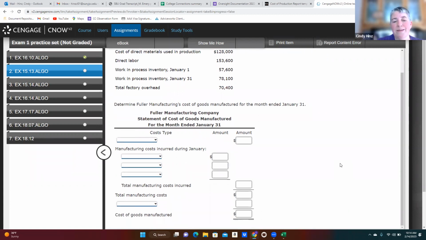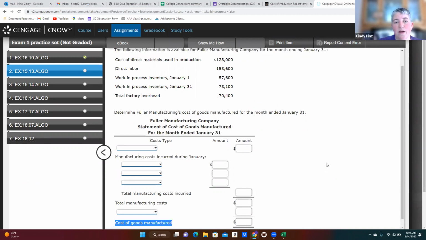But it is a very critical piece in our calculations because you can see here that the bottom line is the cost of goods manufactured, and that number is necessary for the financial statements in order to calculate cost of goods sold. So in order to know how much we sold, we need to know how much did we make in the first place. And so that's why this particular statement is a very important report for a manufacturing company.